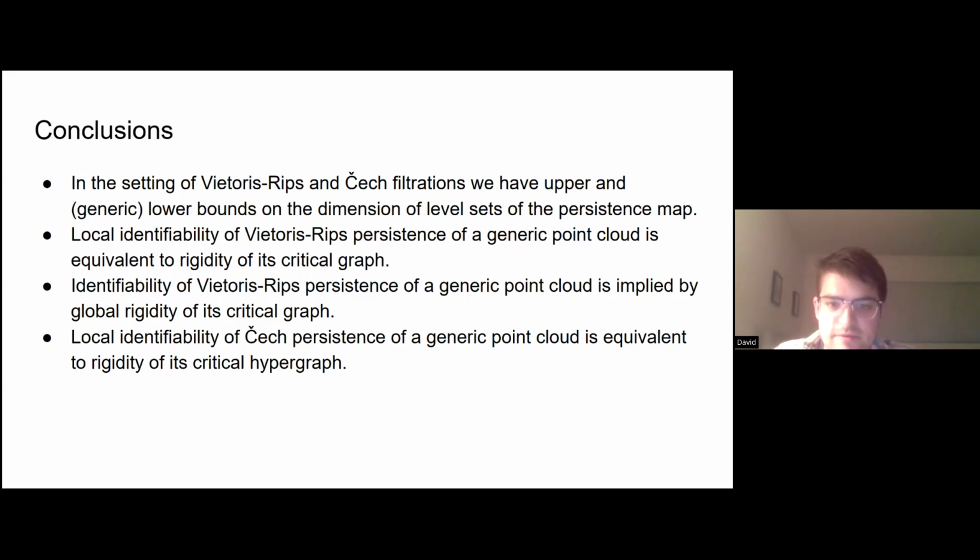Identifiability of Vietoris-Rips persistence of a generic point cloud is implied by global rigidity of its critical graph, and local identifiability of Čech persistence of a generic point cloud is equivalent to rigidity of its critical hypergraph. So these were the things I talked about. Okay, so I'm all done.